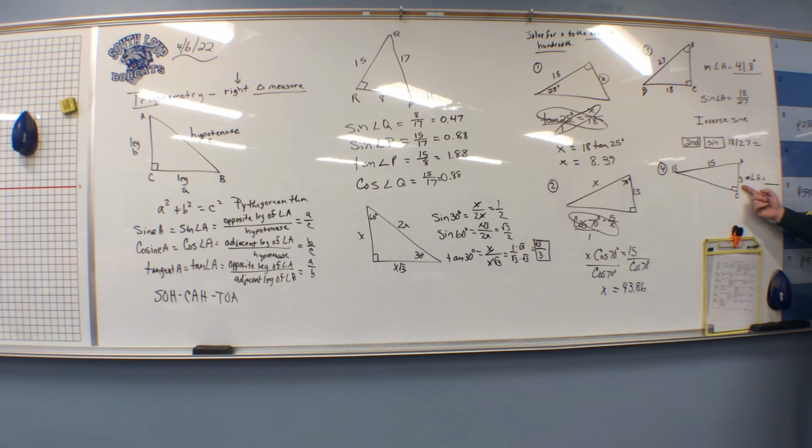Is it a hypotenuse or a leg? It's a leg. Which leg, adjacent or opposite? Adjacent. Yeah. And then this side is the hypotenuse, so it would be cosine. It's adjacent and hypotenuse, which is cosine.